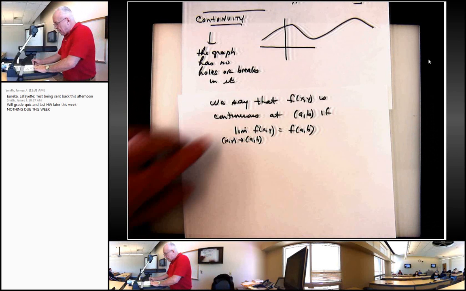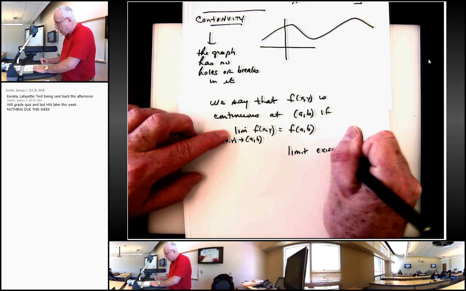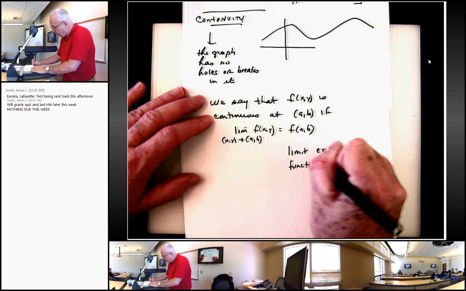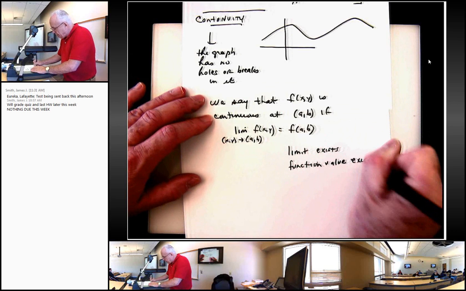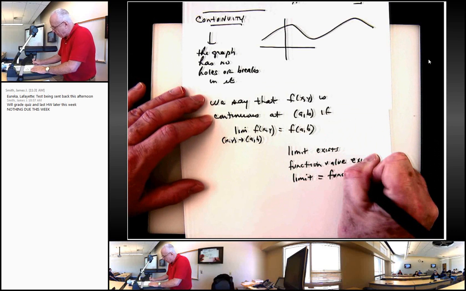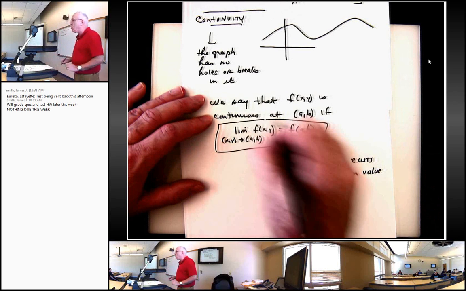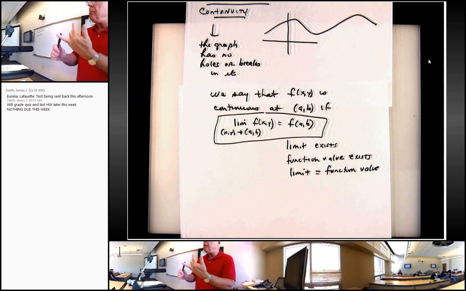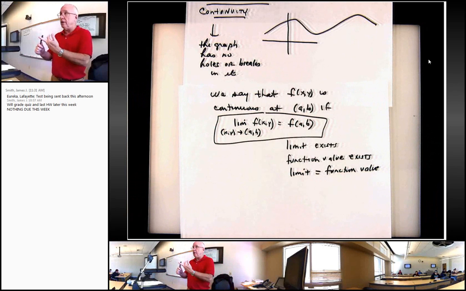So basically what happens here is that the limit exists, the function value exists, we have an f at (a,b), and the limit is equal to the function value. Contained in that single statement are all three of those facts. So we actually have a function there at (a,b), we actually have a limit as we get close to (a,b), and the limit is equal to the function value.